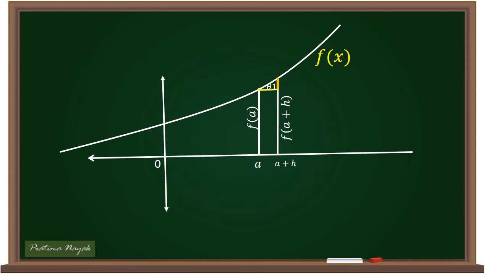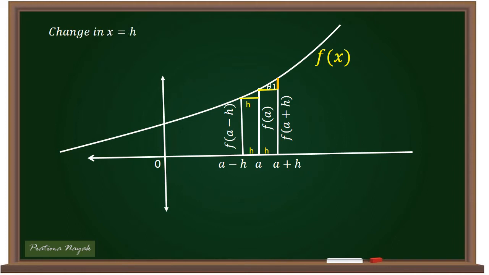Now change in the negative direction. I am decreasing the value of a by h. So now x is a minus h, so y will be f(a minus h). Then what is the change in x?